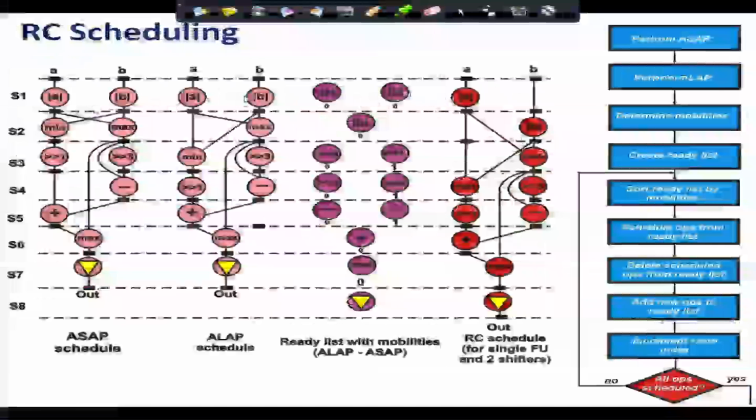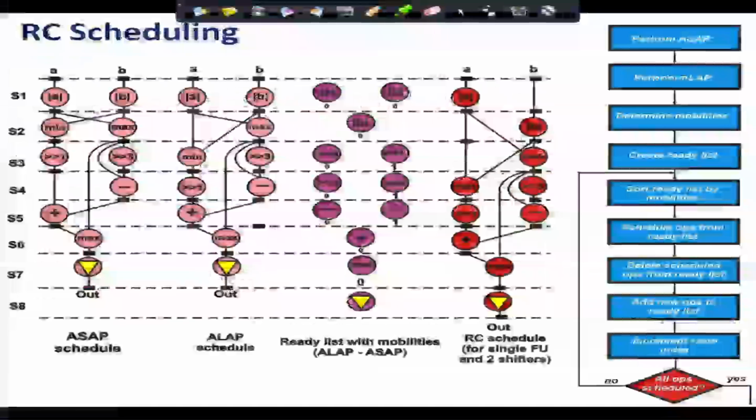This ALAP schedule is different, because you see this ALAP schedule completed the operations at control step 7, but here my time constraint that has been given is control step 8.